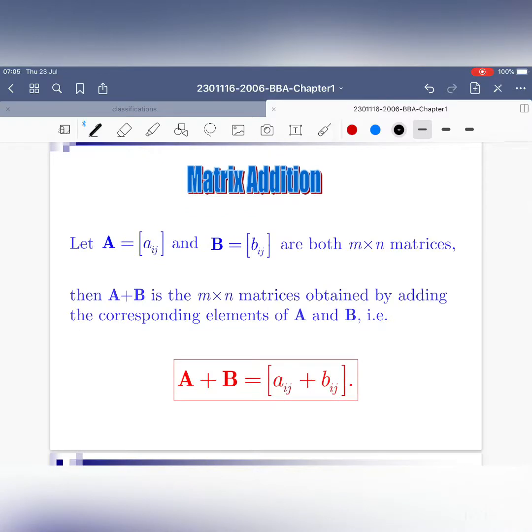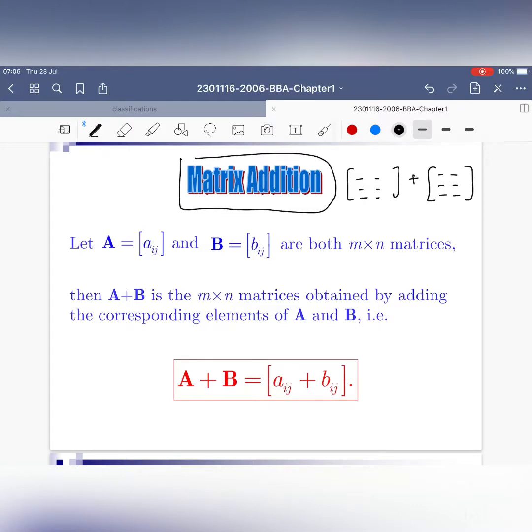If you want to do addition, of course you need to have the same positions to add, right? If you have matrices of different sizes, then you may not be able to add.